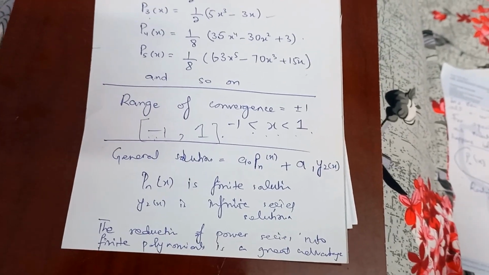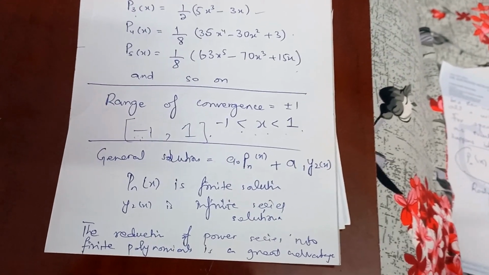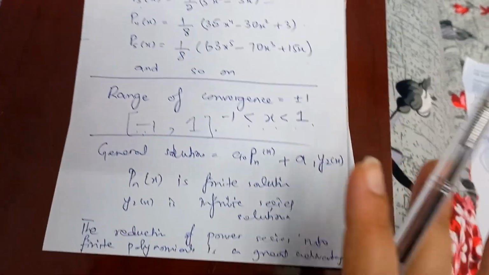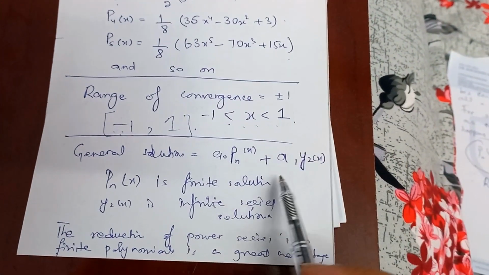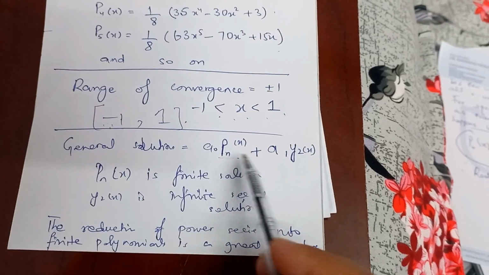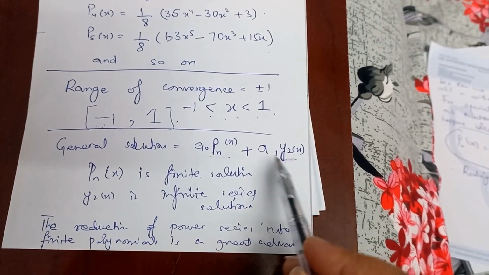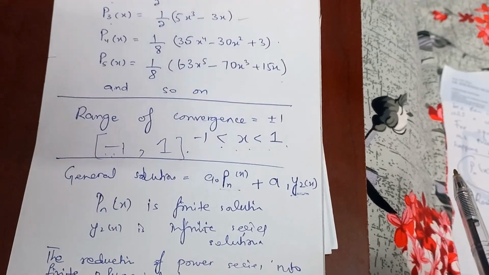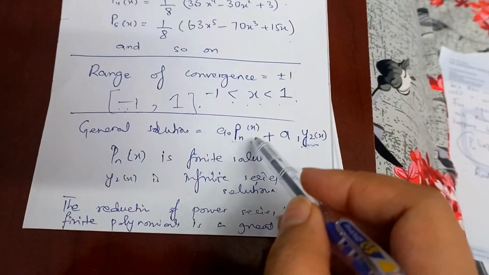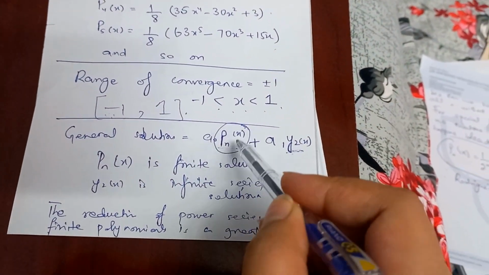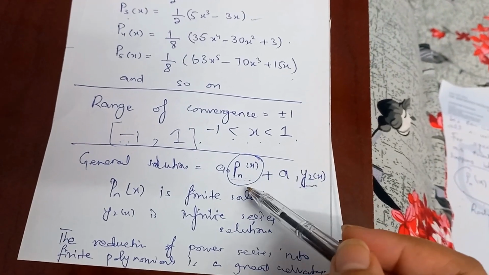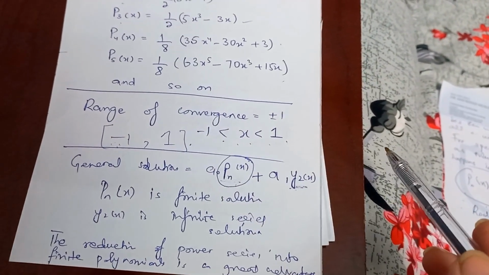If you do, then you'll come to know that the Legendre differential equations actually have two solutions. One is the finite solution and another is the infinite solution, and both of them are solutions of Legendre differential equations. We only consider and are interested in the finite solution, which is the Legendre polynomial, because it is converging for all values of x.